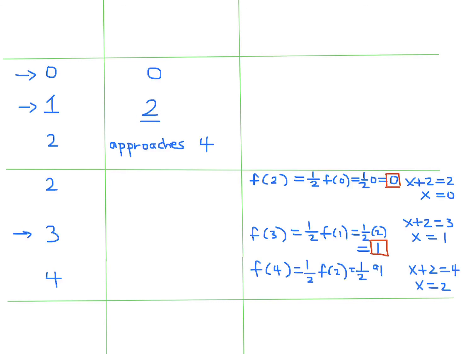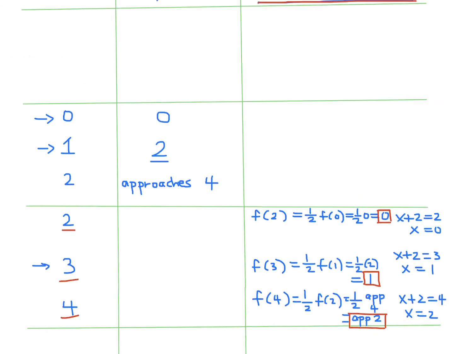So this looks like 4 times 1/2 approaches 2. Like that. Okay? So let's fill in these values into our graph. 0, 1, and approaches 2 for 2, 3, and 4.